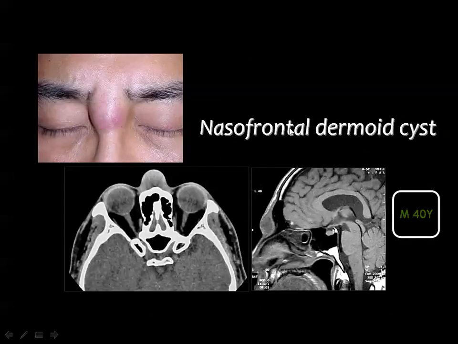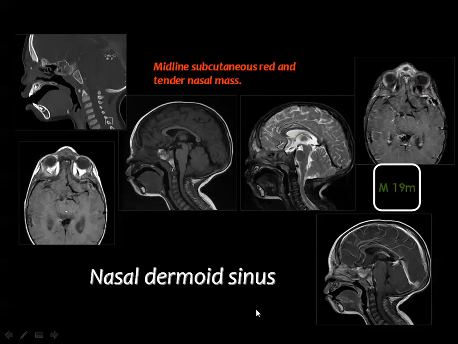And this is also a proved nasofrontal dermoid cyst, and because of the absence of fat, it will go into the differential diagnosis. But whenever you are able to see fat inside the lesion, this is one of the helpful criteria. When this dermoid sinus is infected, you get enhancement. And this is the value of contrast-enhanced CT or MRI.